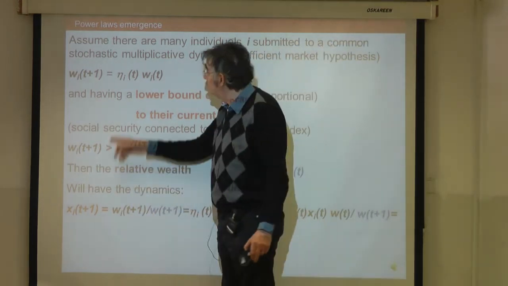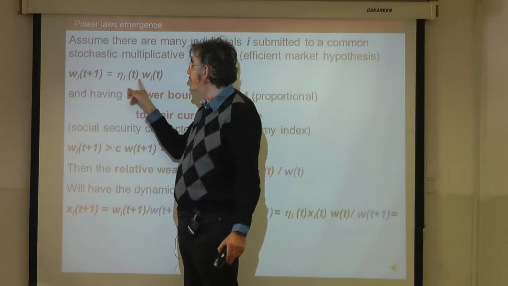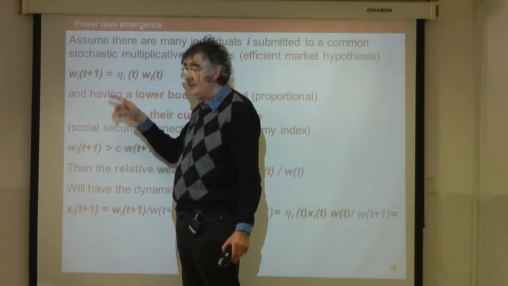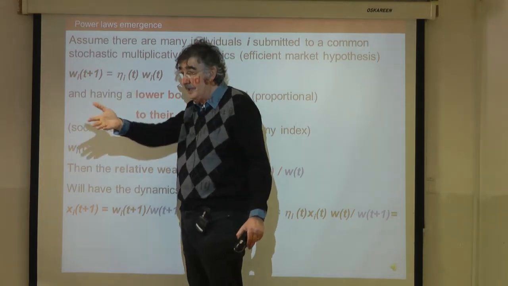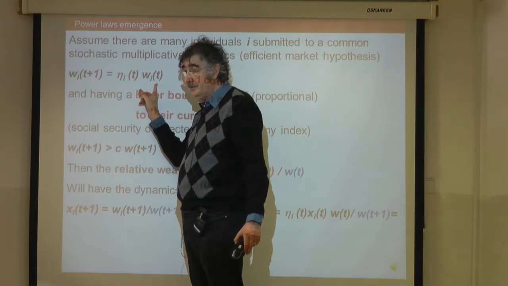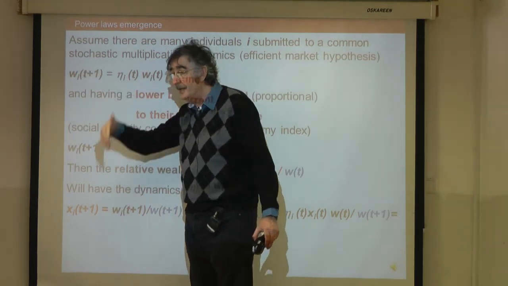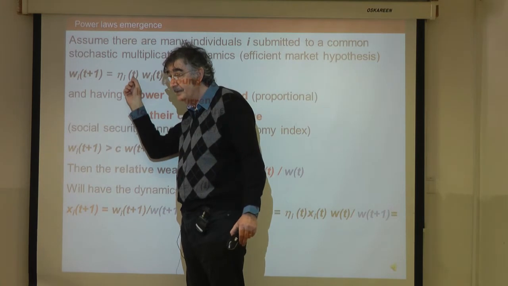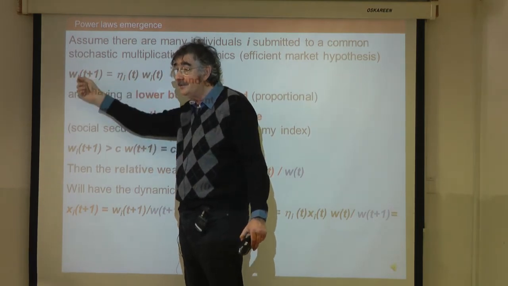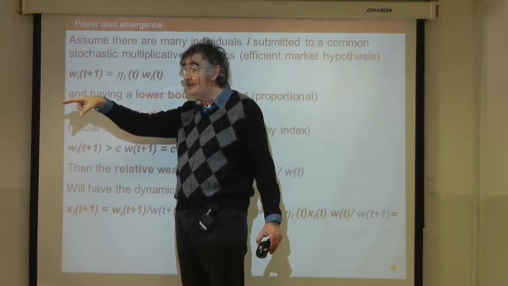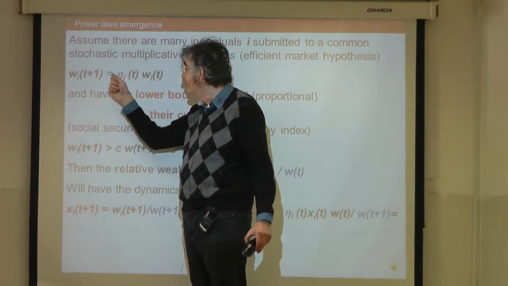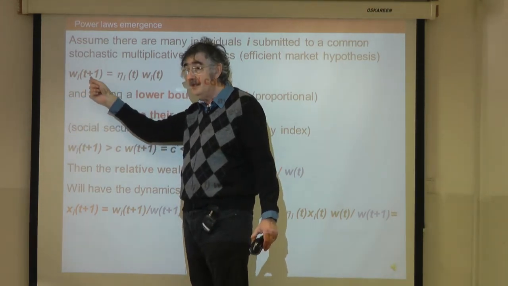So now I want to write in the same way in which I had this equation. There is another way to say this. I had these equations in which eta was 1 over m or m with some probability. And knowing this, I was able to predict what is the stationary distribution of the wealth in those conditions.